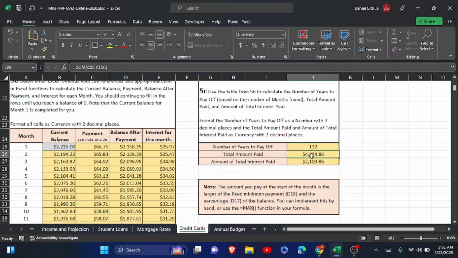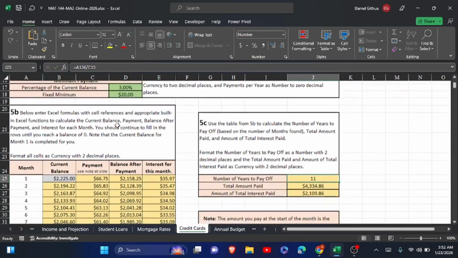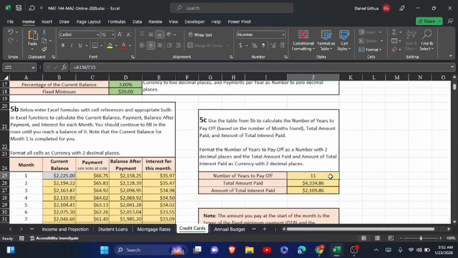For the number of years, the formula is the month, which is 132, divided by the number of payments per year. So we see that the number of years to pay off is 11 years. That is how we compute it correctly.